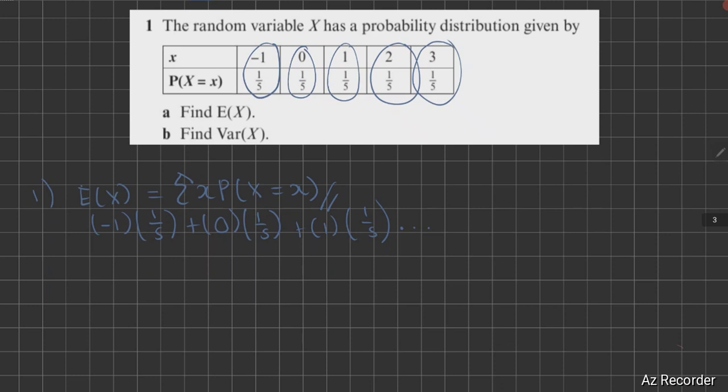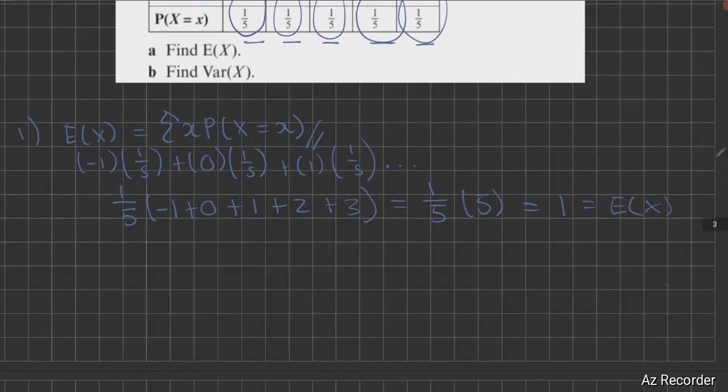We mentioned in the first video that if these probability values are the same, we can simply factor out the 1/5: minus 1, add 0, add 1, add 2, add 3. We end up getting 1/5 times 5, which is equal to 1, which is our expected value, sorry.